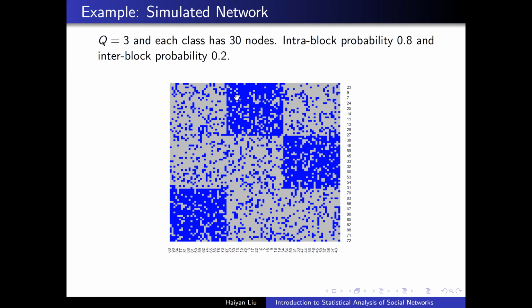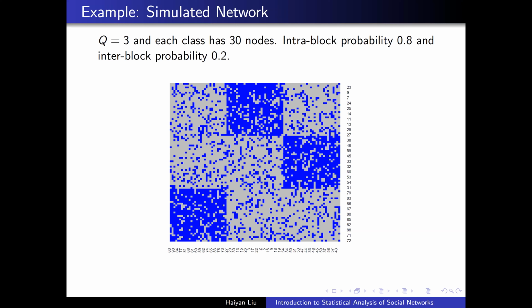Which means that for nodes within the same cluster, the probability for them to connect is 80%. For nodes from different clusters, the probability for them to connect is 20%. So, we can notice that there are 3 blocks in this network with 90 nodes.